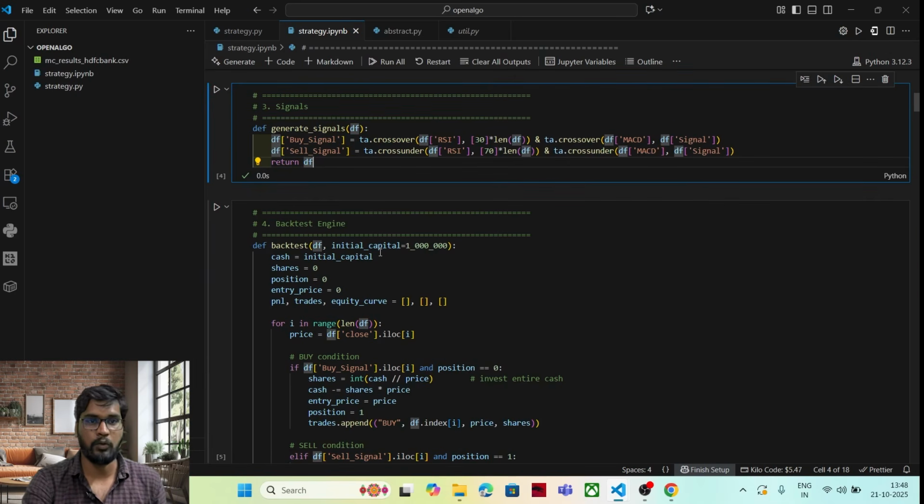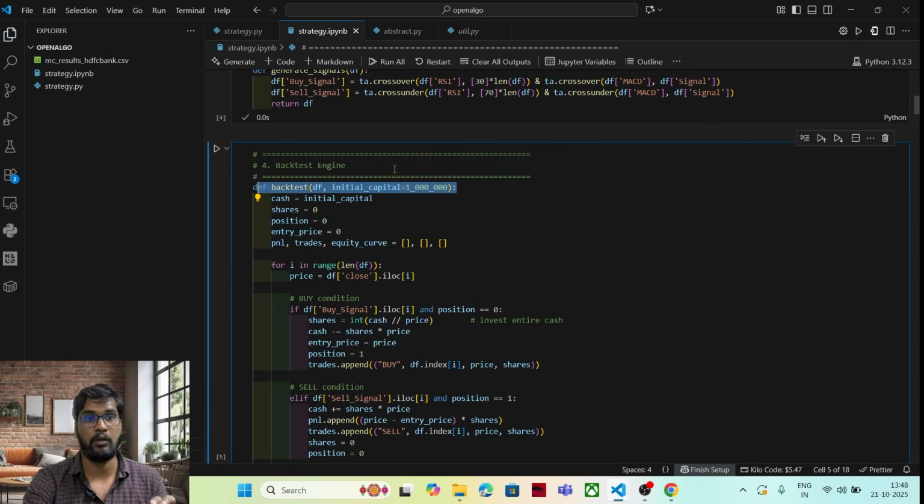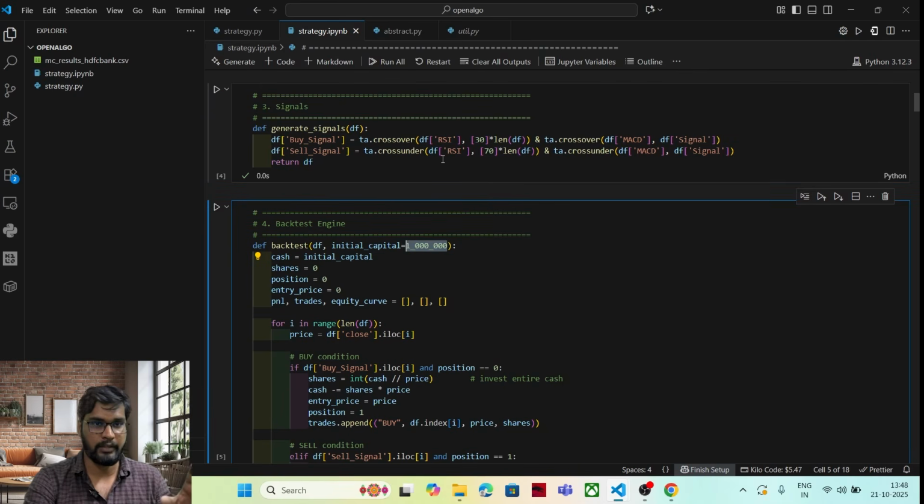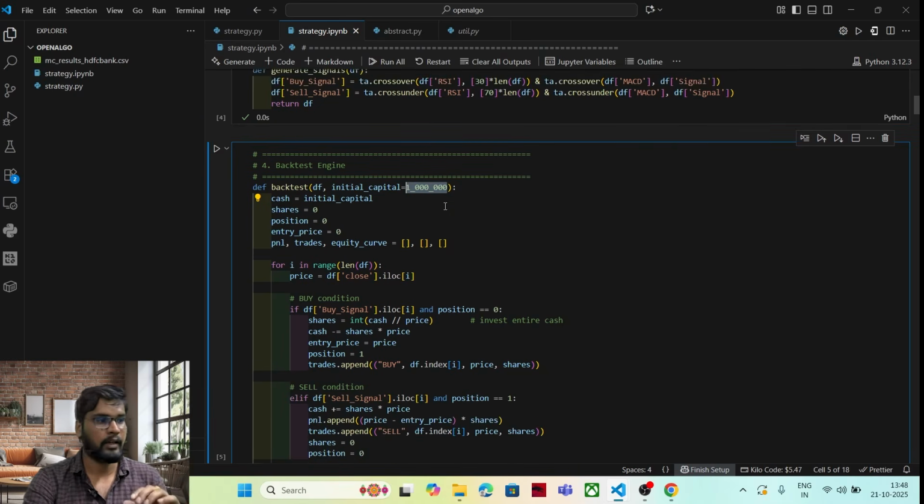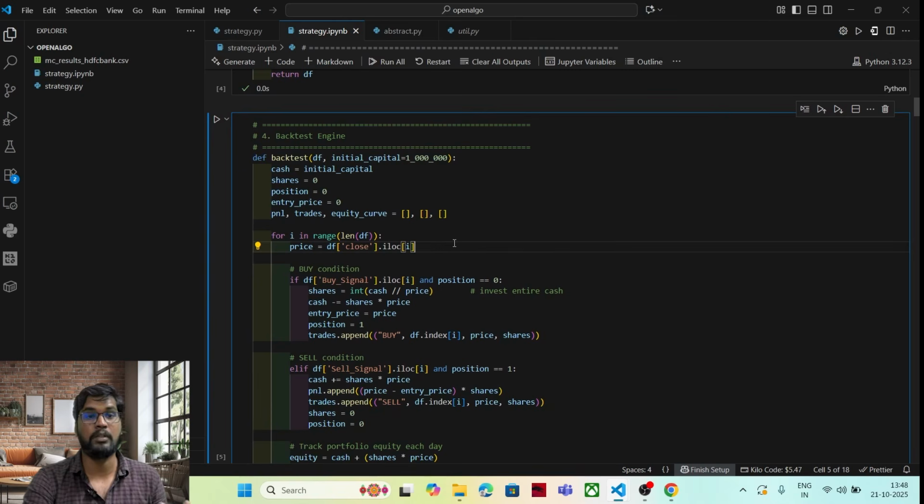Next, I'm backtesting on HDFC Bank for the past 1 year and I will see how this algorithm performed. I have taken an initial capital of 10 lakhs and applied this algorithm for the past 1 year, to see how much money I would have after 1 year.